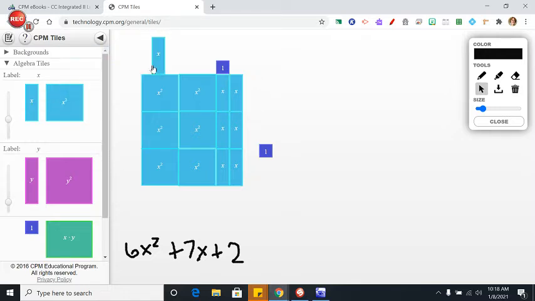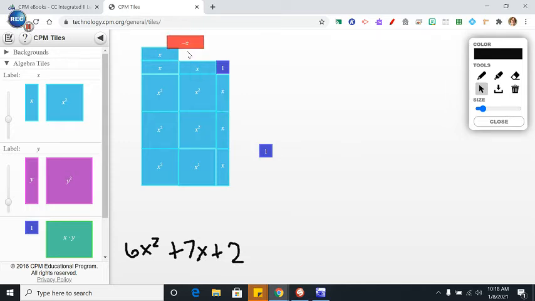I need one more. Is this going to work? Move this over here. There we go. Okay, so you're making a rectangle with those tiles, and I recommend you actually do this.